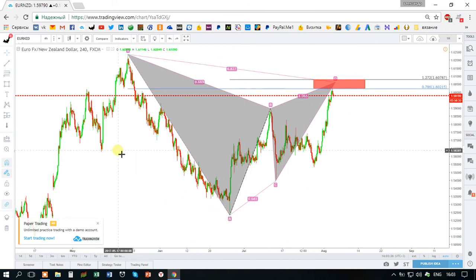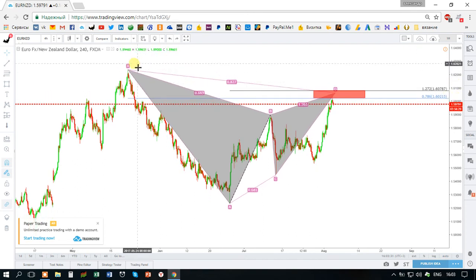at least the retest of that. Stop loss should be placed above X, because the correction should never go above X, otherwise it turns into an impulse. So it shouldn't go above X. And let's calculate the risk to reward.